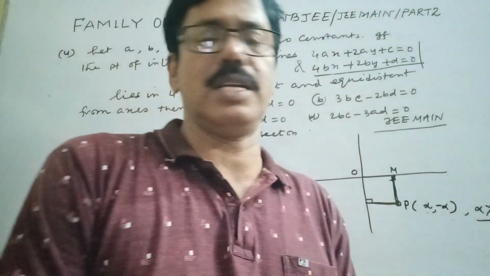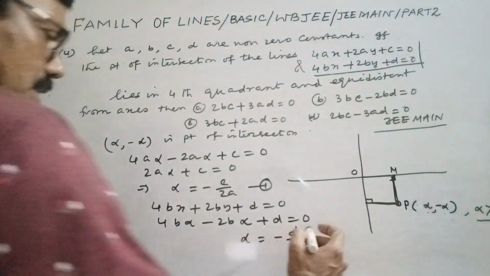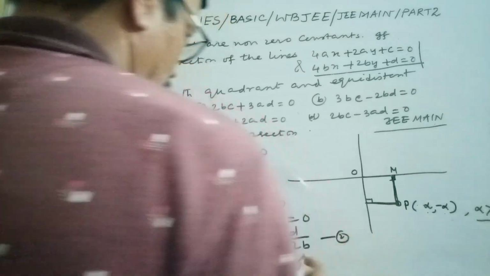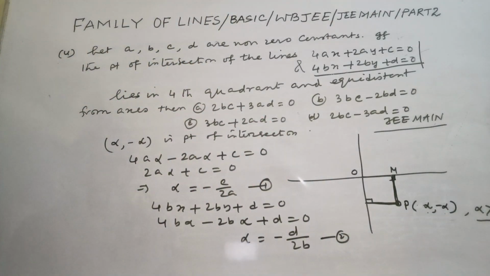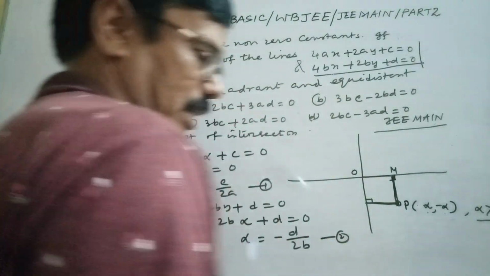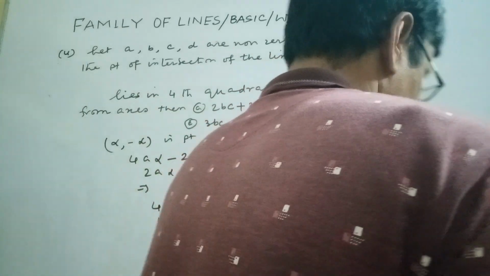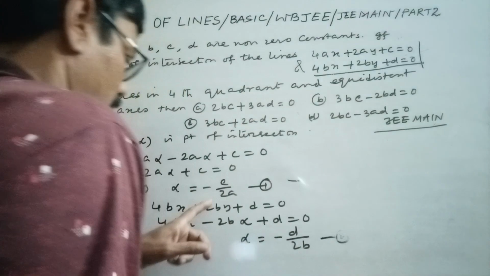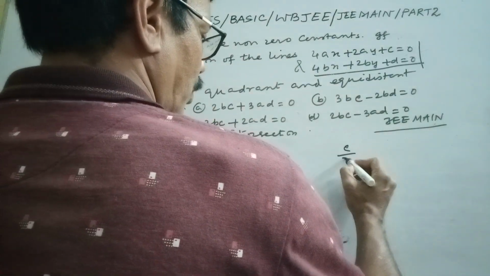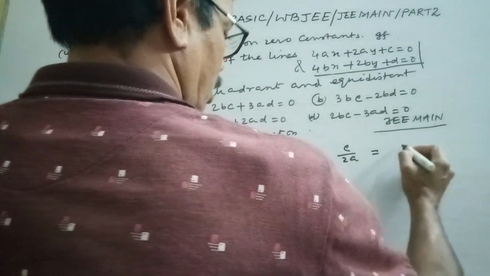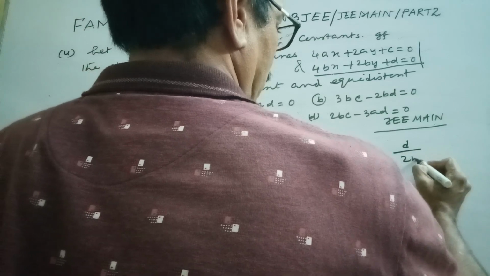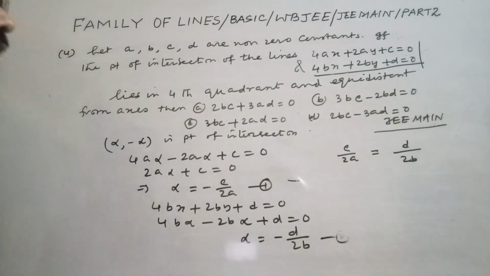So we are getting two values of alpha. So equate: c by 2a equals d by 2b. The minus signs cancel out.